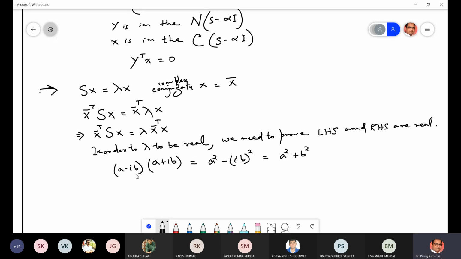So when you multiply these two, you are actually getting a real number. So that is the hint. You can try it out.